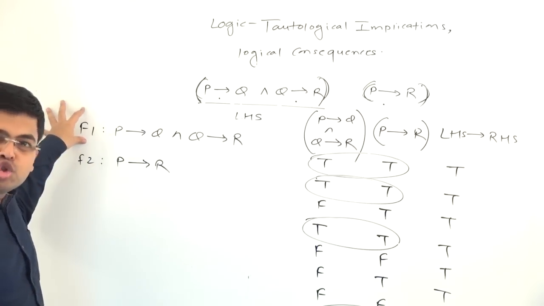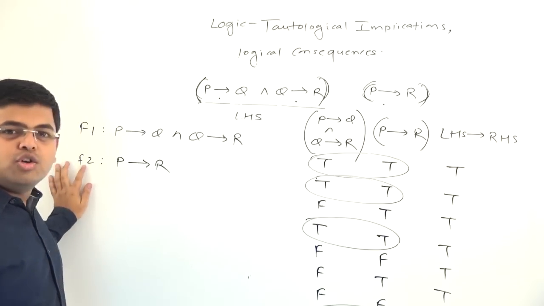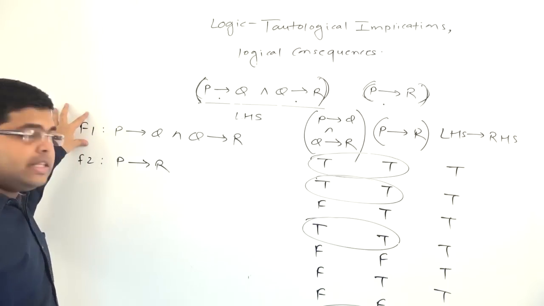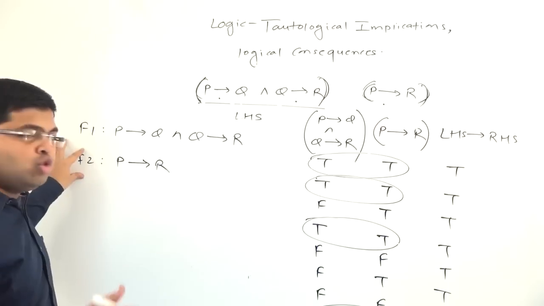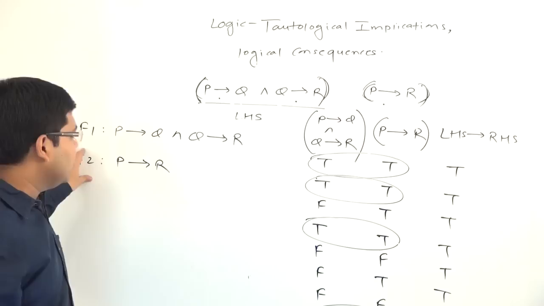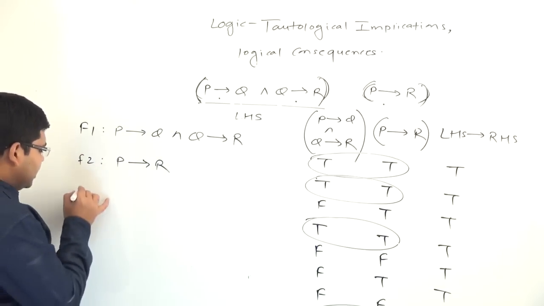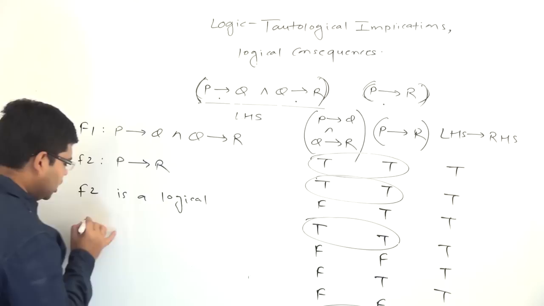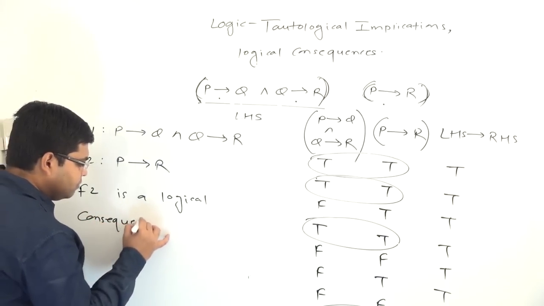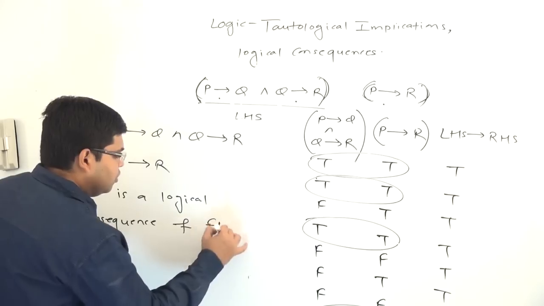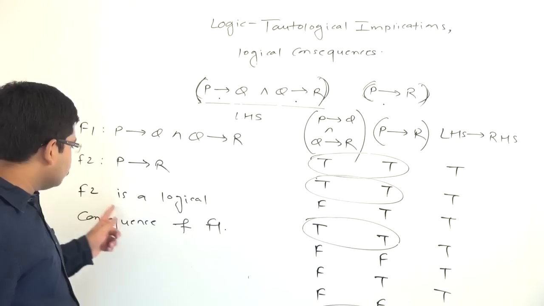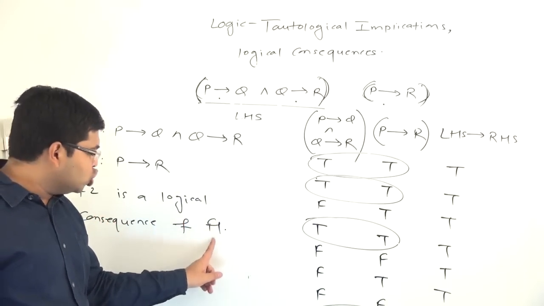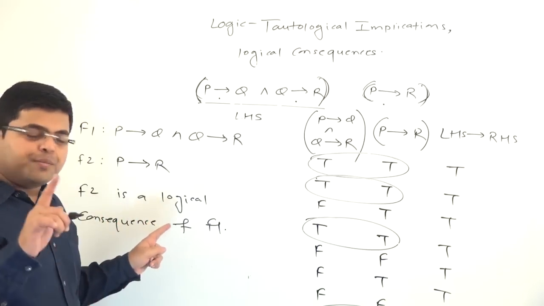Whenever F1 is true, F2 cannot be false. Or where F1 is true, there is a guarantee that F2 will also be true, and therefore we say that F2 is a logical consequence of F1. Whenever F1 is true, F2 will also be true.